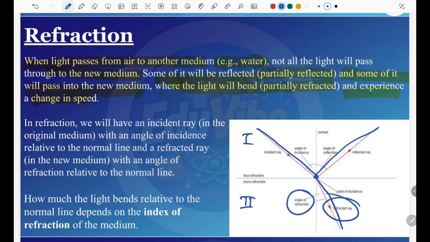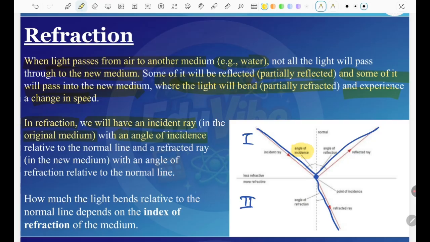All the things are the same, but we add something new: when light changes from one medium to another, it does the reflection like this, but it also does some refraction like this. In refraction, we have the incident ray in the original medium with an angle of incidence.